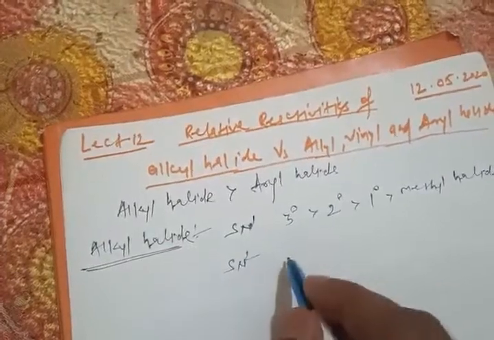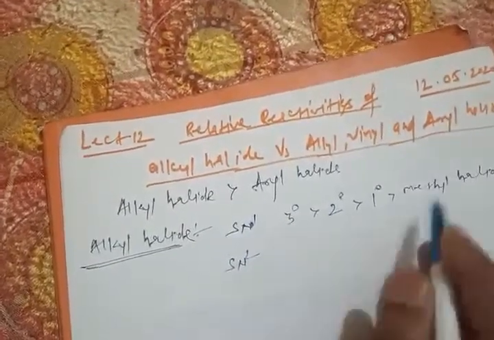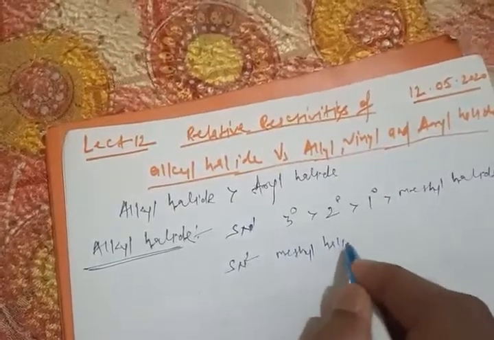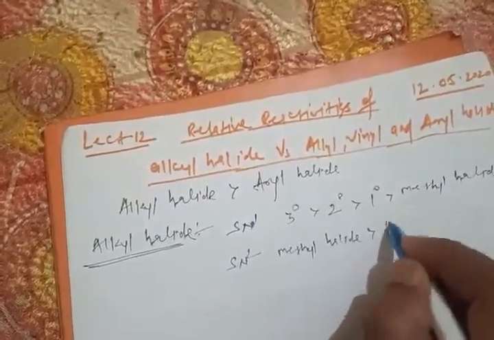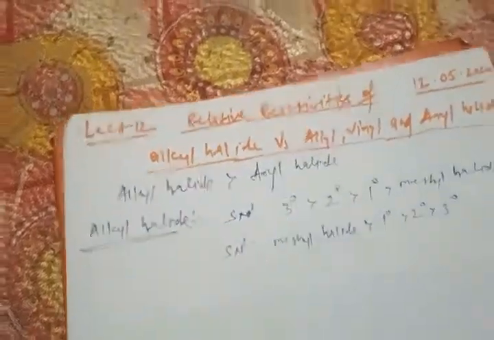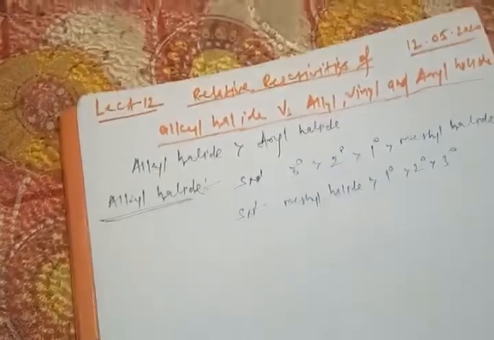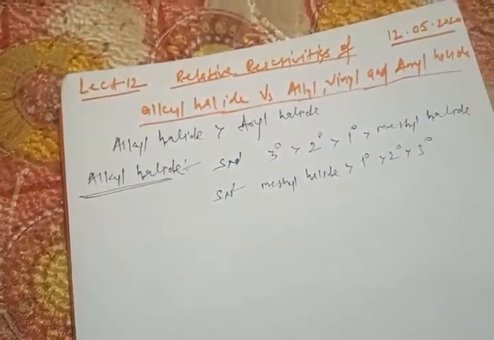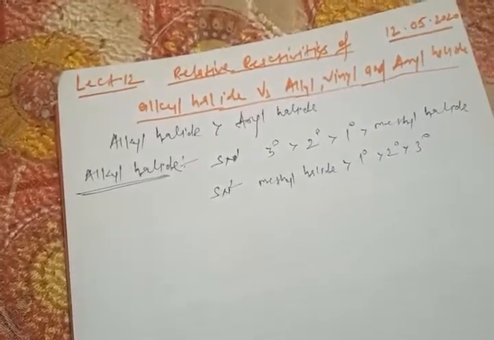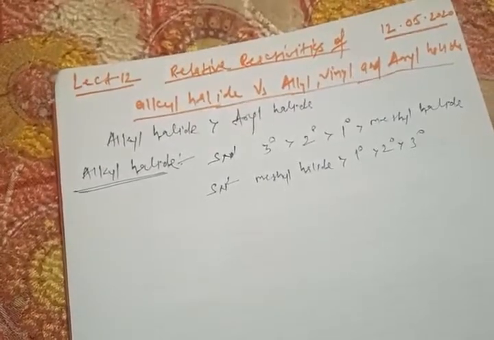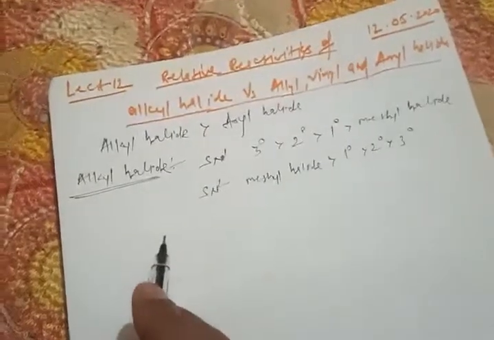And then for SN2 reaction, the order is just reverse: methyl halide, then 1 degree, then 2 degree, and then 3 degree. We have already explained the whole mechanism and other points in SN1 and SN2 reactions, so alkyl has no problem. Aryl halide we also discussed, but vinyl and allyl halide have not been discussed so far. So in this particular section we'll talk about that only.